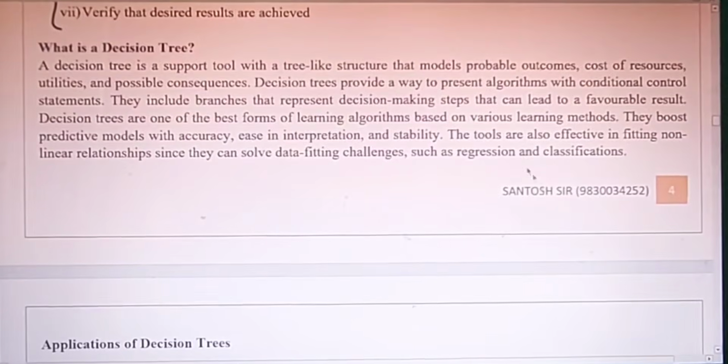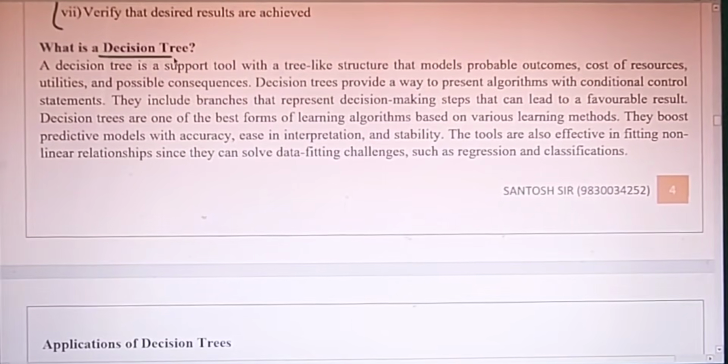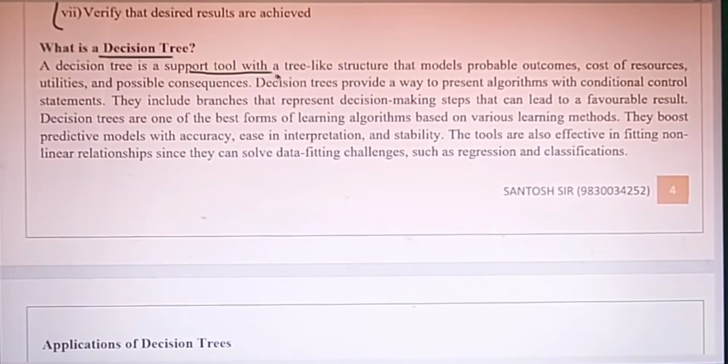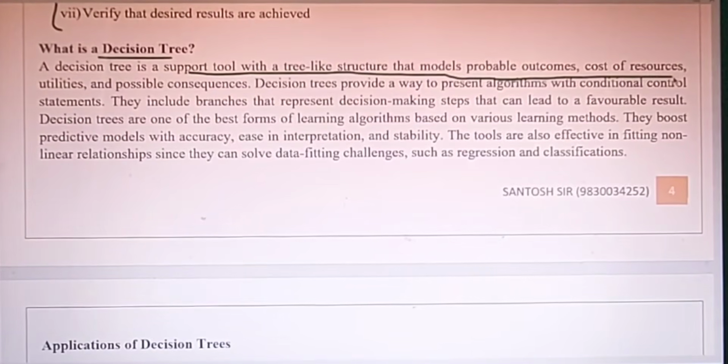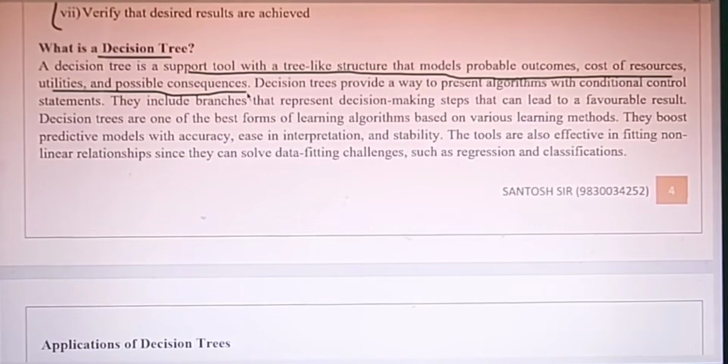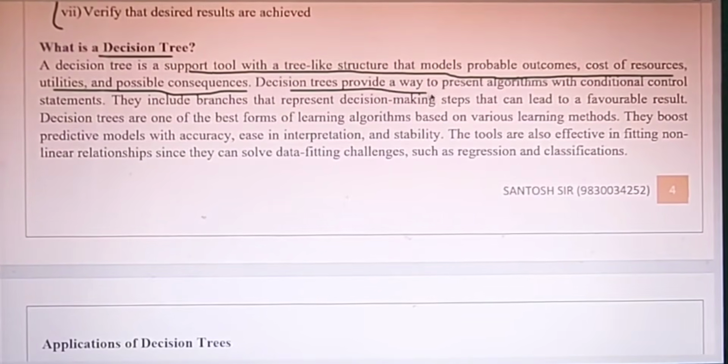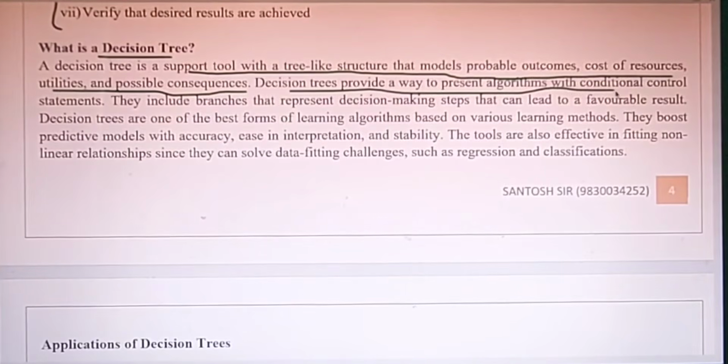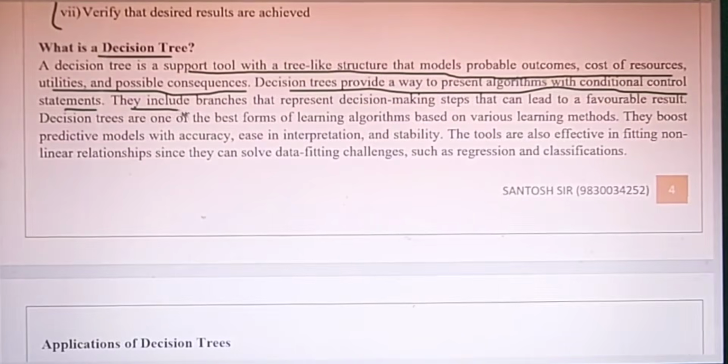Then the question also asks for decision tree. What is a decision tree? Basically it is a support tool and a tree-like structure that models probable outcomes, cost of resources, utilities and possible consequences. And this decision tree provides a way to present an algorithm with conditional control statements, and they include different branches that represent decision steps that lead to a favorable result.